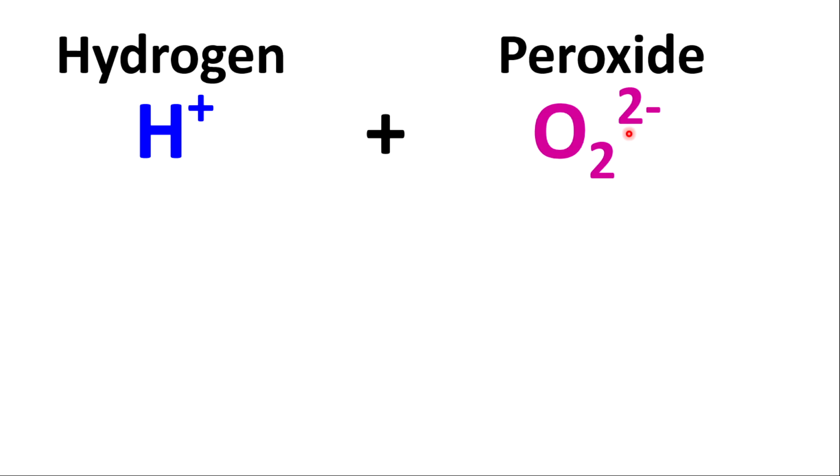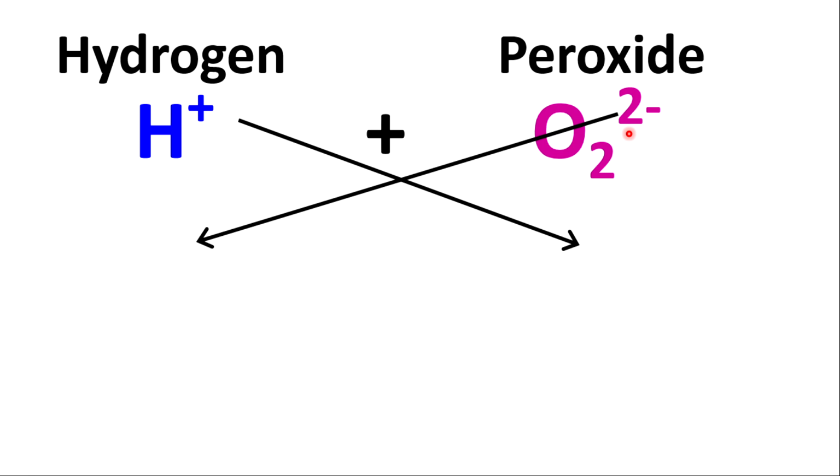The charges are different, so remember your first step is to cross multiply. So cross multiplying these two means that the positive side will be multiplied by 2 while the negative charge will be multiplied by 1. And I want you to make note before I go any further that it is O2 we're working with, but the charge on O2 is 2 minus.